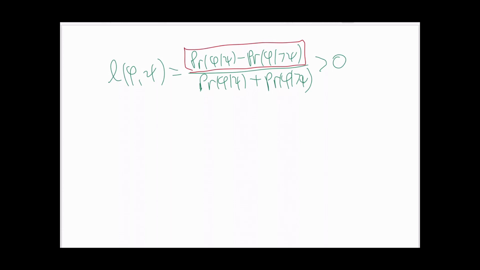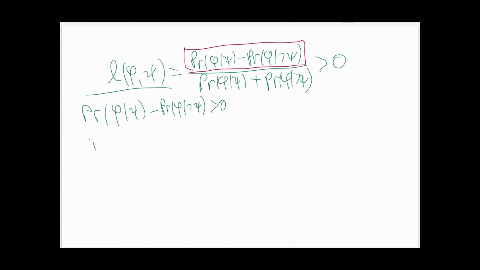So in order for L of phi psi to be greater than 0, it must be the case that the numerator is greater than 0. So let's assume that the probability of phi given psi minus the probability of phi given not psi is greater than 0.